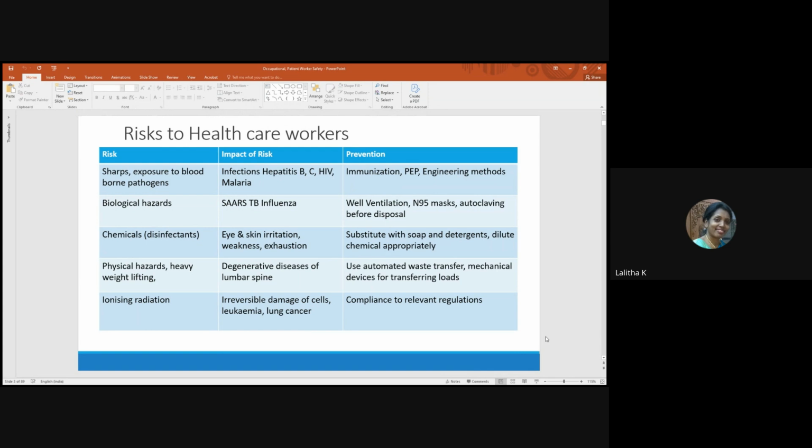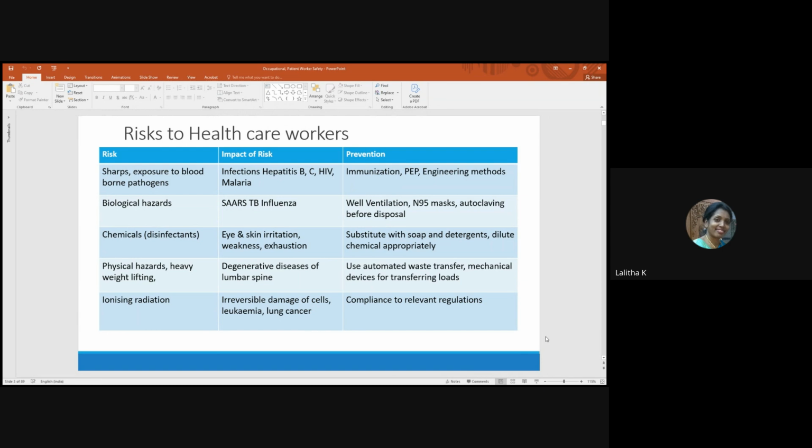Chemicals can cause vapor or exposure effects like eye and skin irritation. It can cause weakness and exhaustion. So what is to be done is to substitute with soap and detergents and dilute chemicals appropriately so that the damage is less. Physical hazards or heavy weightlifting can cause strain on the lumbar spine.